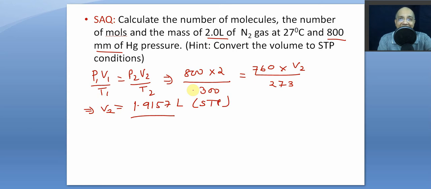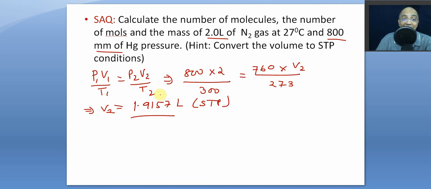If it is asked to find the volume at a non-standard condition, you first get it at standard conditions, then convert at the end into non-standard conditions, right? So the STP volume is not 2, it is 1.9157 liters, okay?